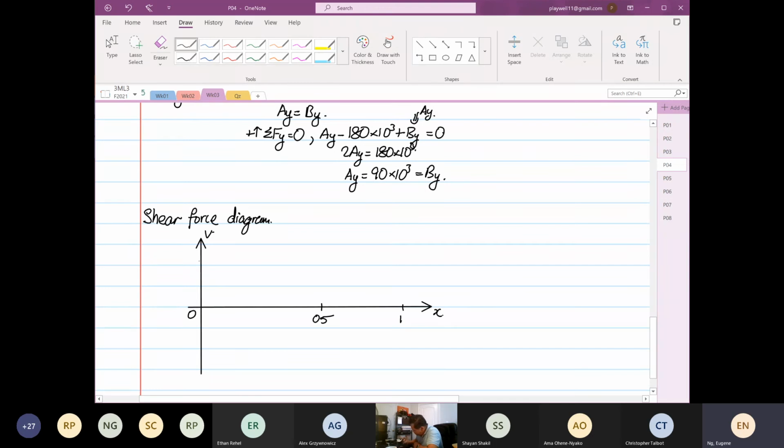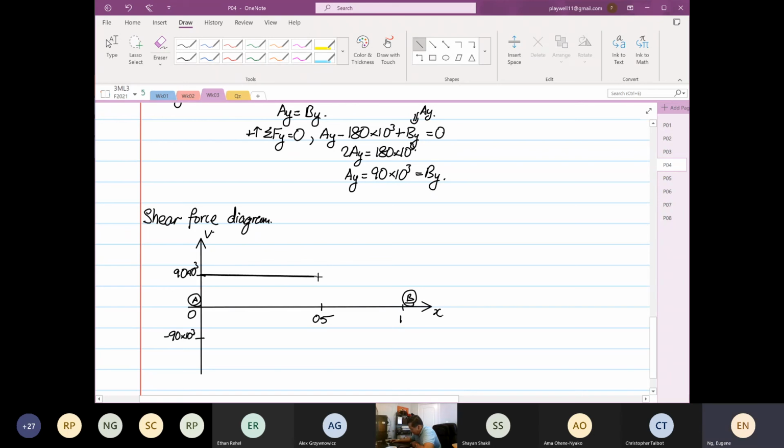We have 1. At this line up here, this is plus 90 times 10 to the power 3 Newton. Down here is minus 90 times 10 to the power 3. So over here, this is our point A. And over the other end, this is our point B. Right? So A has a reaction of 90.